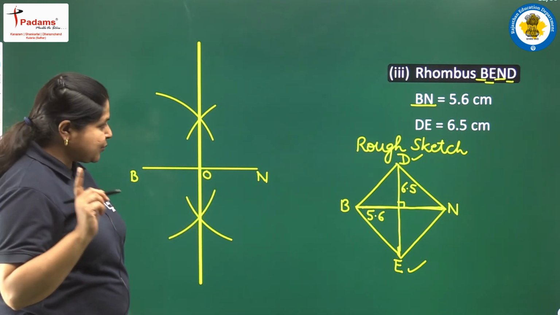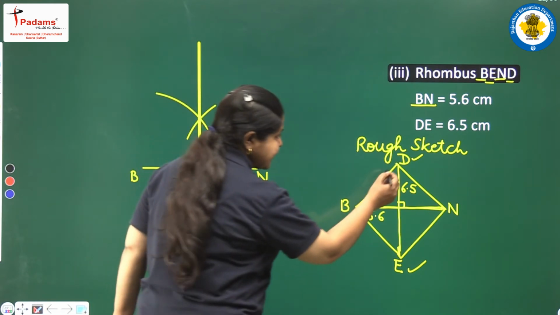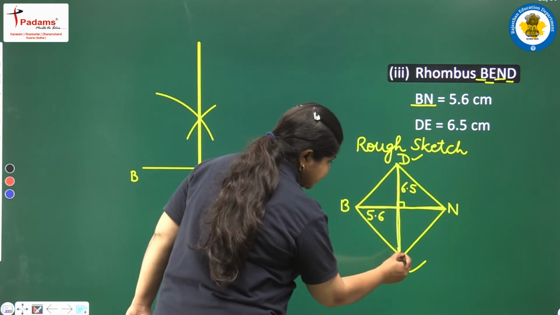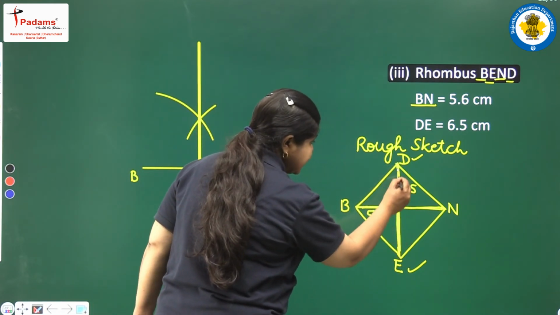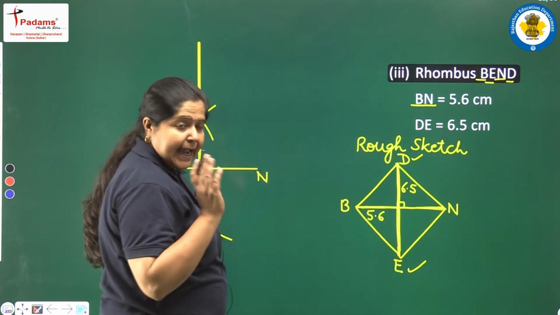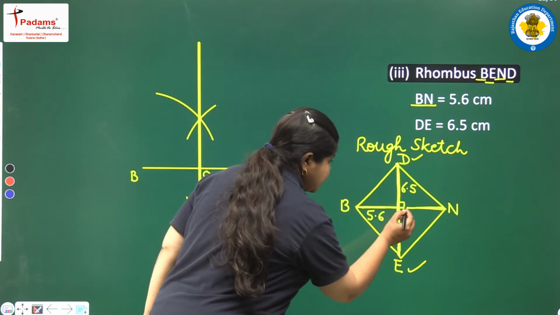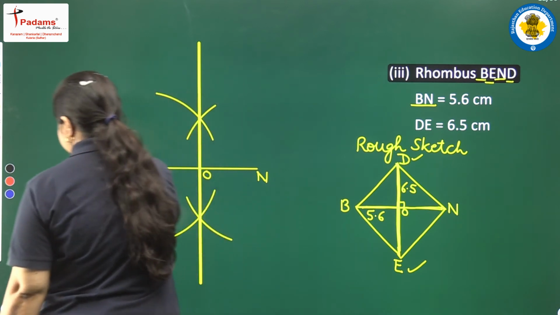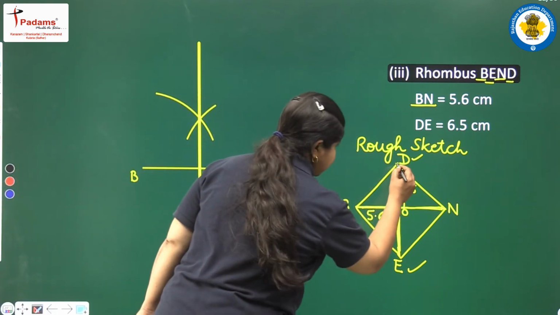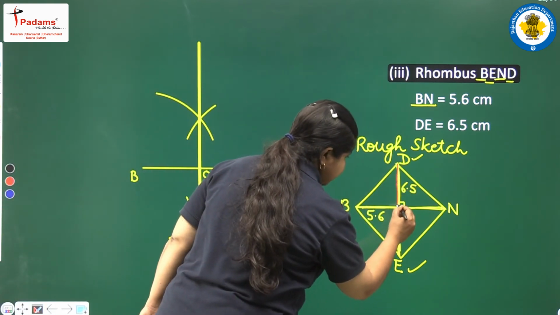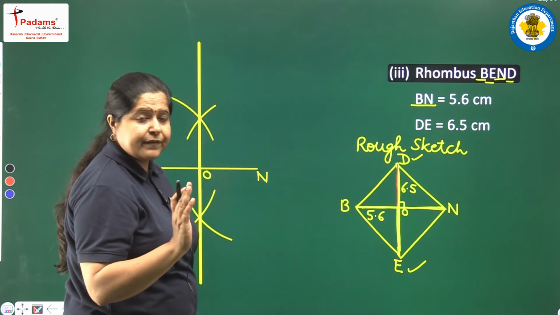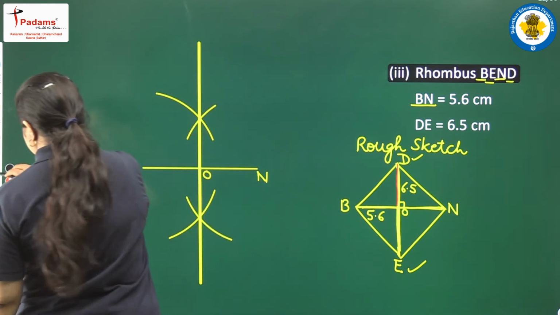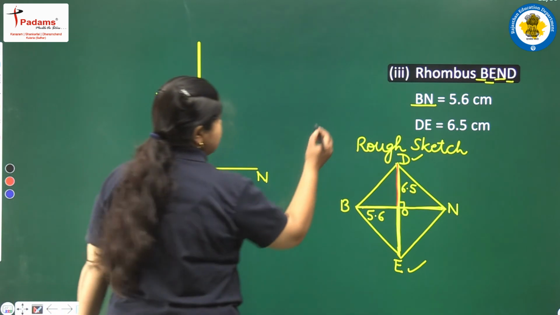What next we need to do is, you can see this complete length, this is 6.5, and since the diagonals are bisected at this point O, this red length I am talking about will be half of 6.5. Half of 6.5 means how much?